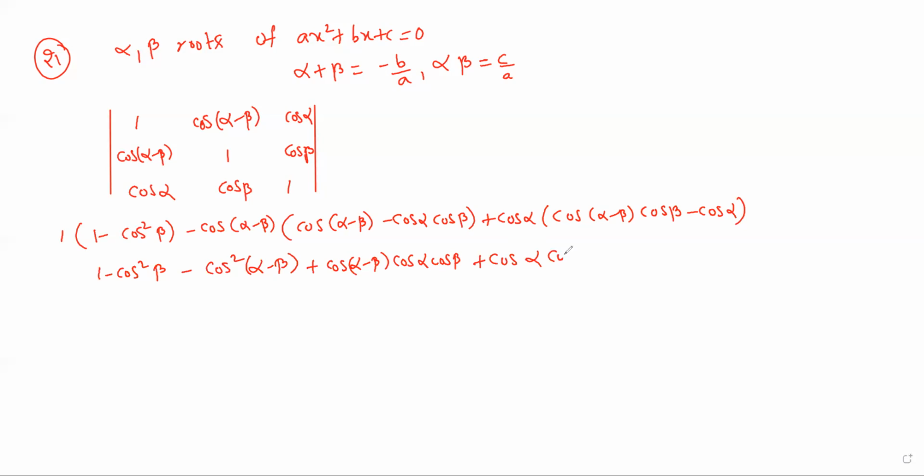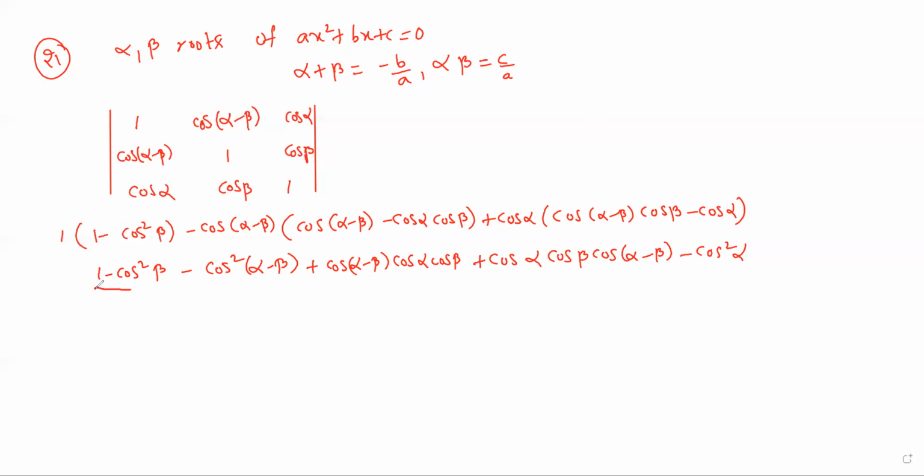Cos alpha cos beta cos of alpha minus beta, and next minus cos square alpha. Now in these two terms, which is the common value? Cos alpha cos beta is clearly common. There are 2 times present here.